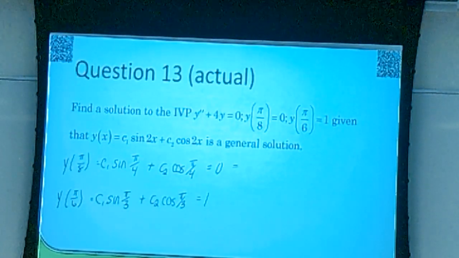We're still going to have the same result there. C1 has to be negative C2.